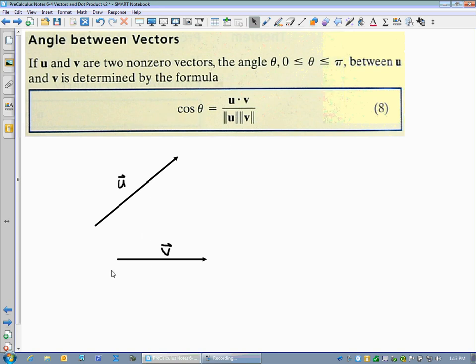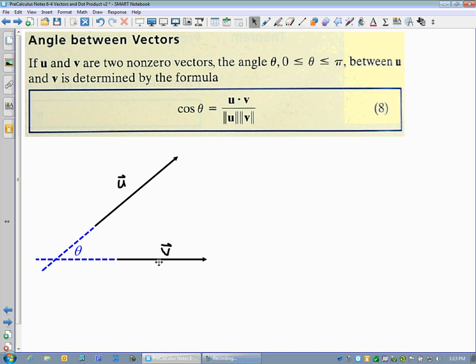But when we talk about the angle between two vectors, let's say we have these two vectors. If they're not crossing, then the angle between the vectors is the same as the angle between the two lines that contain the vectors. So you can either extend the lines that contain them, which would give you this angle here.